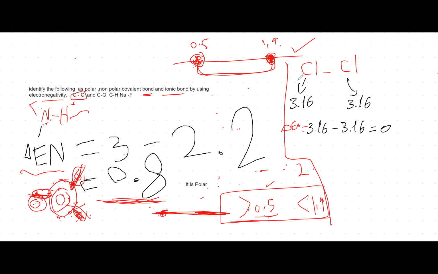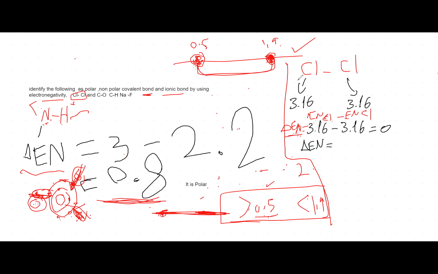If this is the real one, electronegativity difference equals electronegativity of chlorine minus electronegativity of chlorine. So I have to write the 3.16 here beside it? Yeah, it's okay.